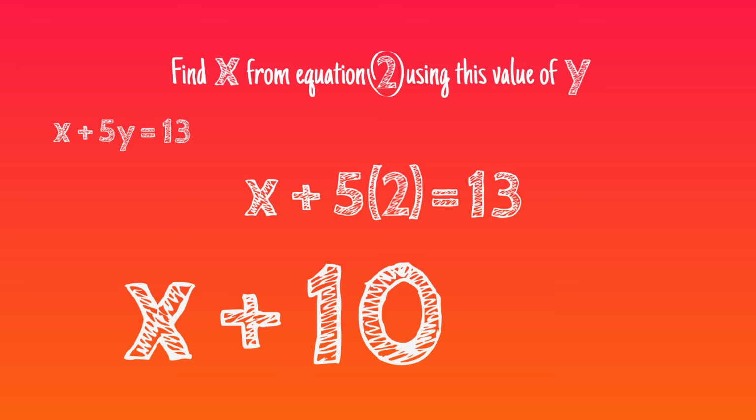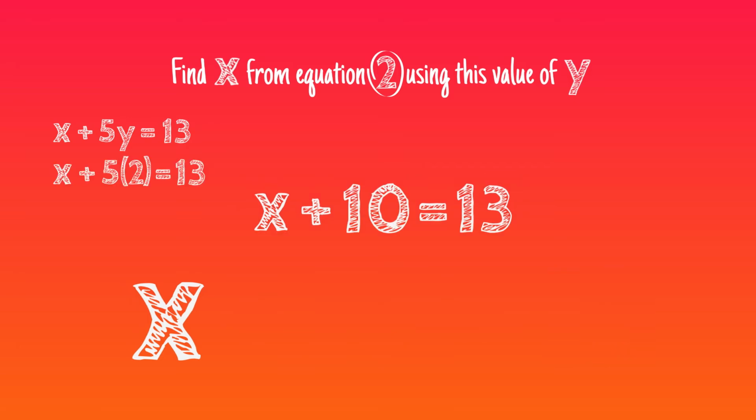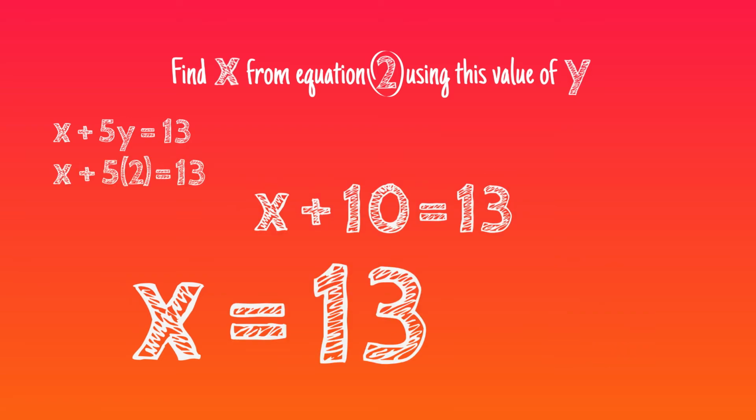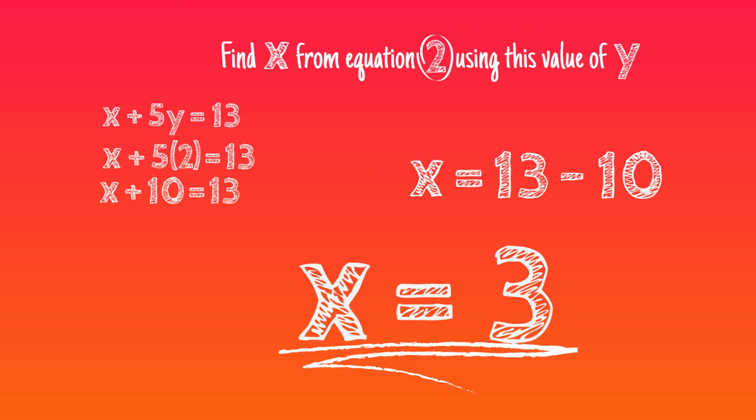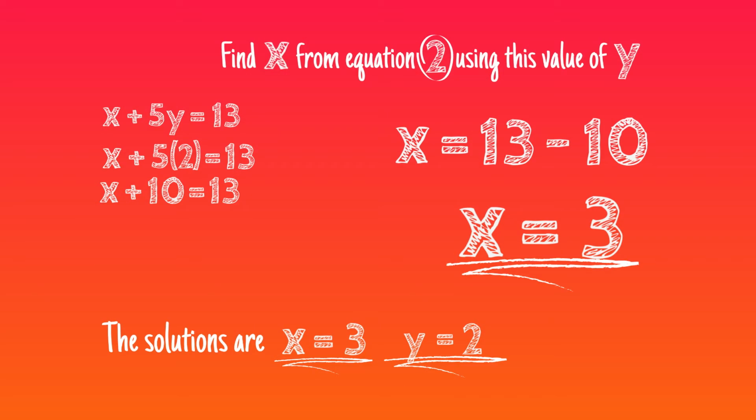X plus 10 equals 13. X equals 13, take the positive 10 to the right of the equal sign, it becomes negative 10. So x is equal to 13 take away 10, x is equal to 3. So the solutions are x equal to 3 and y equals 2.